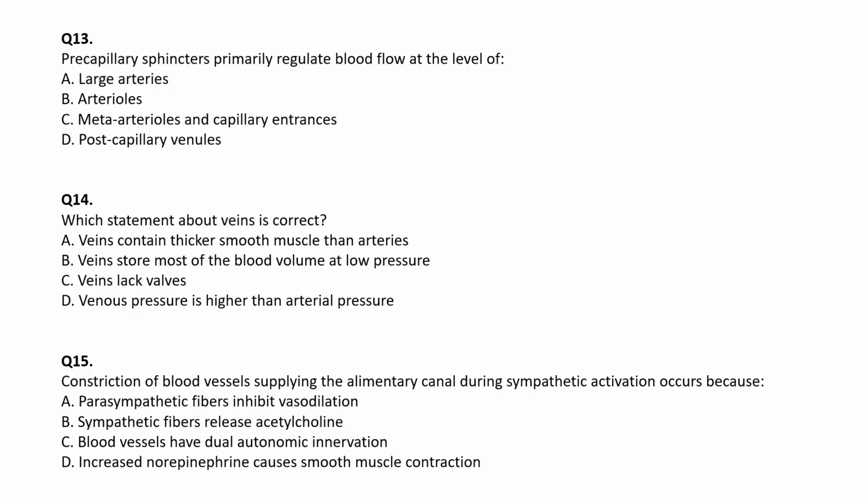The hormone norepinephrine does both of these things, right? So in this case, it's D option. If you have more norepinephrine being secreted, maybe at the level of the adrenal medulla, that causes smooth muscle contraction in the blood vessels, leading to constriction of the blood vessels in the alimentary canal.